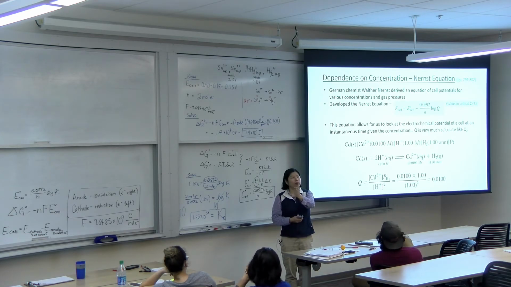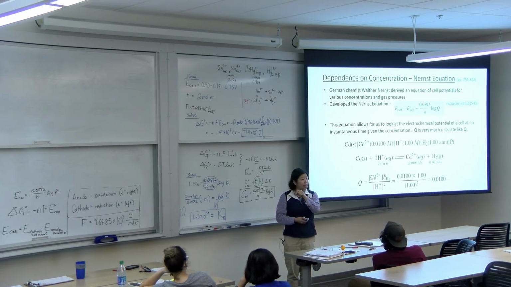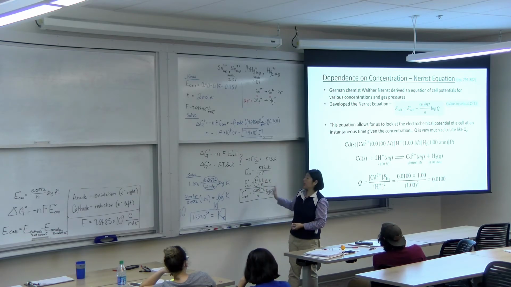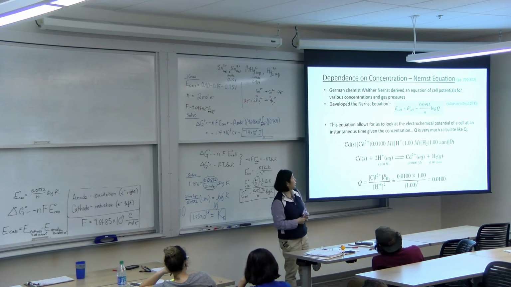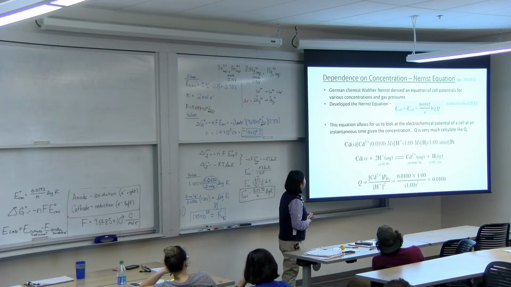And one of the things that is really important is the 1 molar. 1 molar says that's the concentration. So we've been doing all of these calculations assuming, for example, our zinc concentration is at 1 molar. Our copper concentration is at 1 molar in our little beaker. But in all reality, oftentimes the concentration is not 1 molar. Do we agree? Okay? So there is a dependence on concentration.